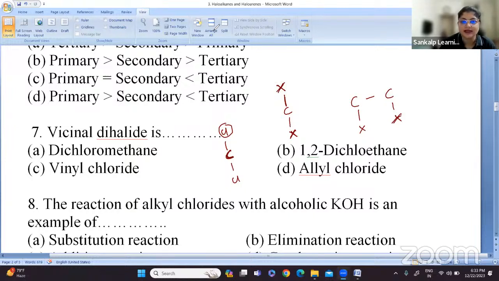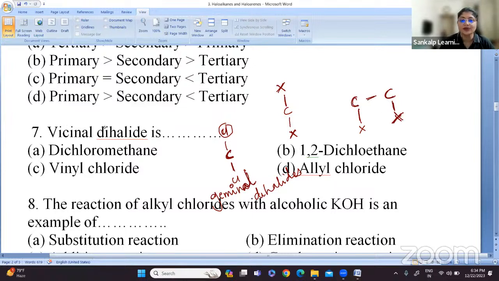Yes, Nikita has answered it right. They are called as geminal dihalides. Remember these words. So if the halogen atoms are attached to the same carbon atom, they are called as geminal. And if the halogen atoms are attached to the adjacent carbon atoms, they are called as vicinal.